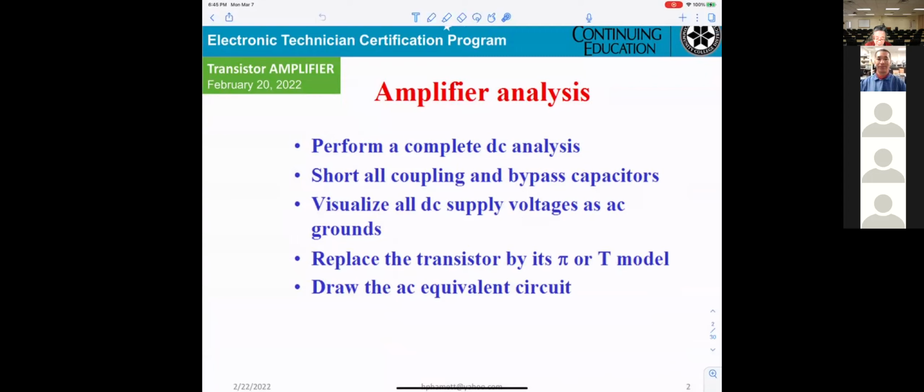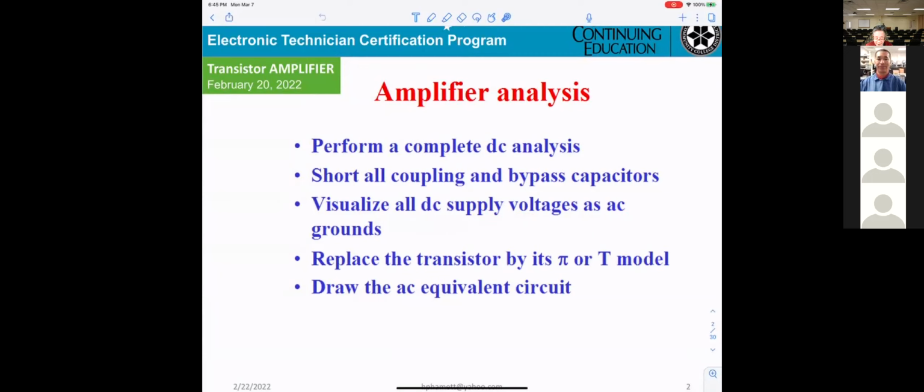Then short out the coupling and bypass capacitors. That means capacitors, when you go to AC, you don't see anymore. They are shorted, just a wire. And the DC supply voltage is AC grounded. So any DC voltage in a DC bias, for AC, they are just shorted to ground.